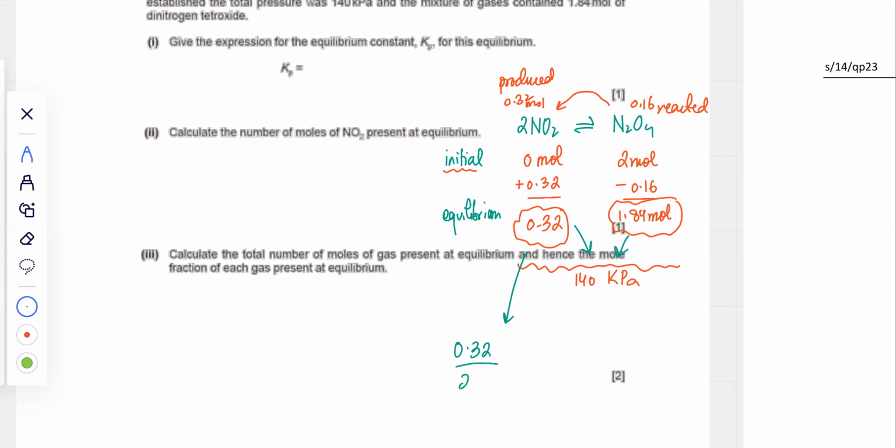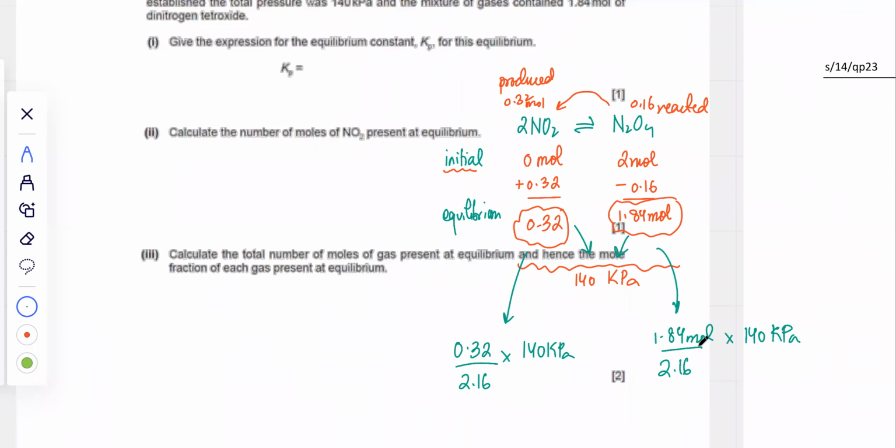That I think is 2.16. So out of the total moles, which are 2.16, the amount of NO2 is just 0.32. That's the fraction of gas that NO2 occupies, and you multiply it by 140 kilopascals. And similarly, you're going to find the partial pressure of N2O4. The amount of moles of this gas is 1.84, divided by the total moles of gas, which are 2.16, and you multiply it by 140 kilopascals.